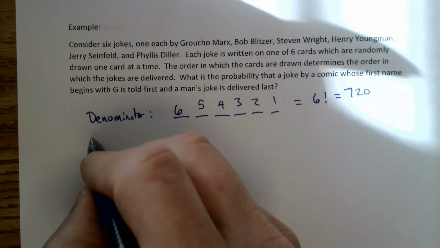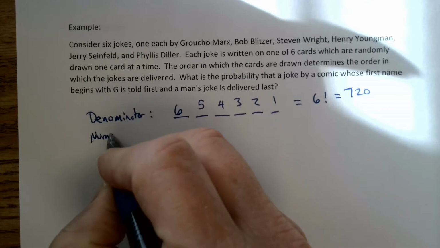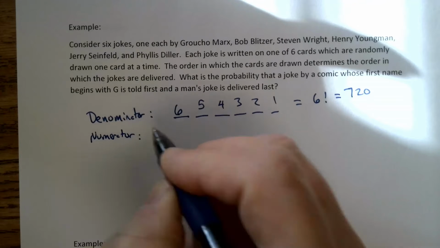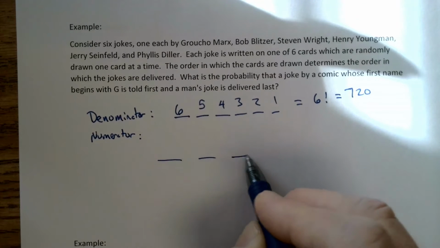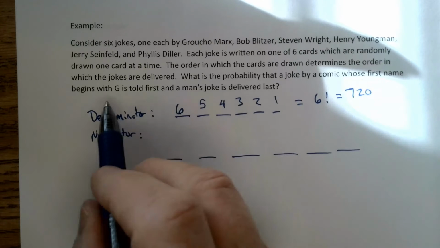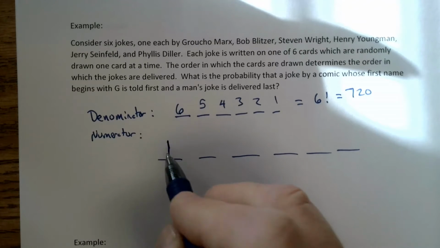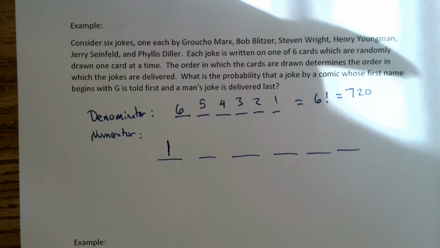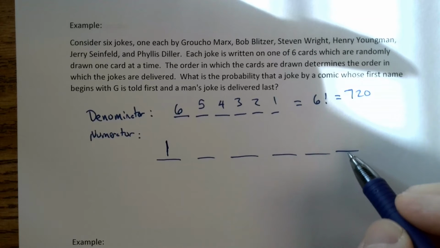Okay, then the numerator. We have 6 jokes. The first one is a comic whose name begins with G. Well, there's only one, right? That's Groucho. And the last one is delivered by a man. How many men are there?